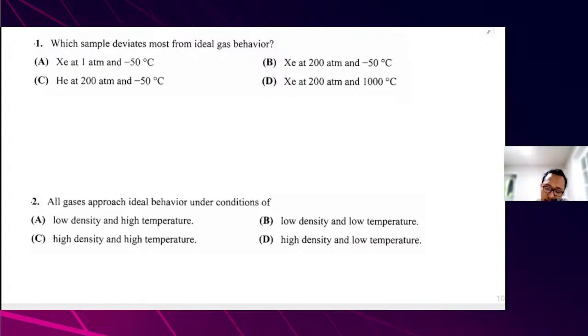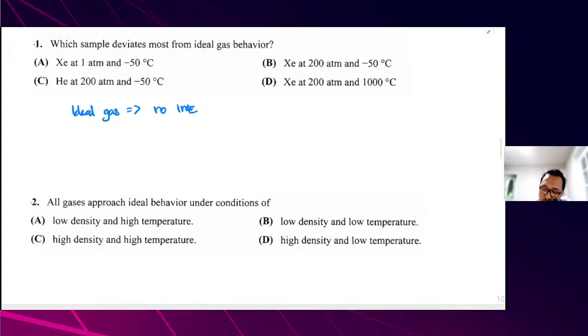Remember that the ideal case, okay, ideal case needs to have what? The key concept of the ideal case is, first, no intermolecular force.